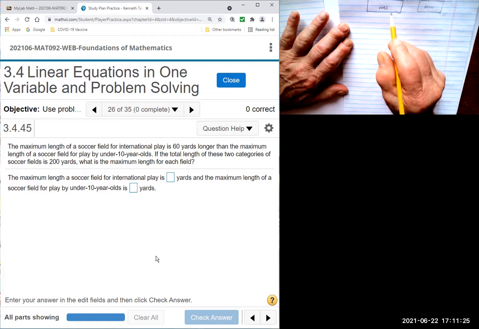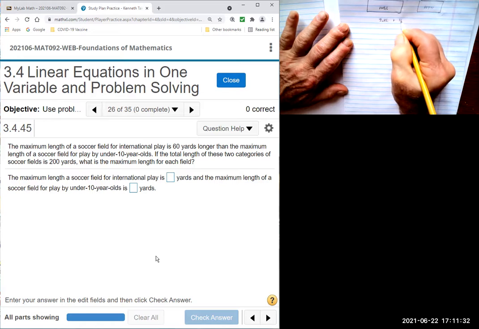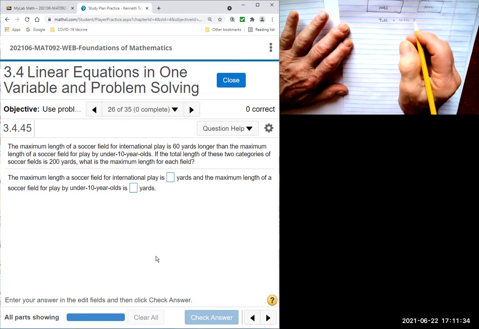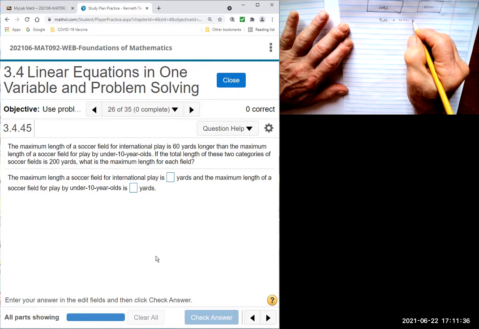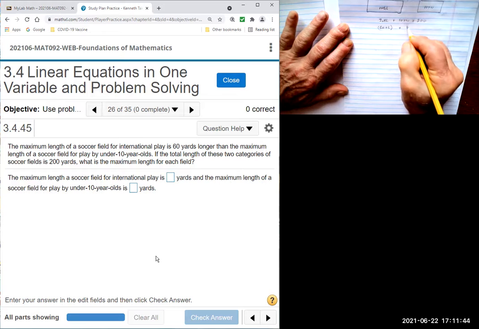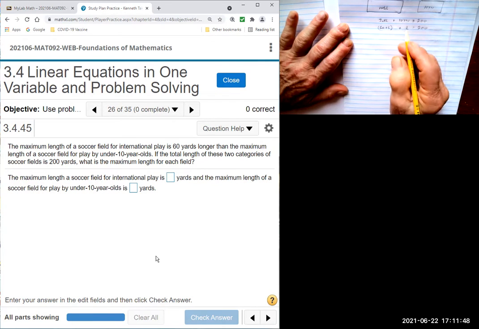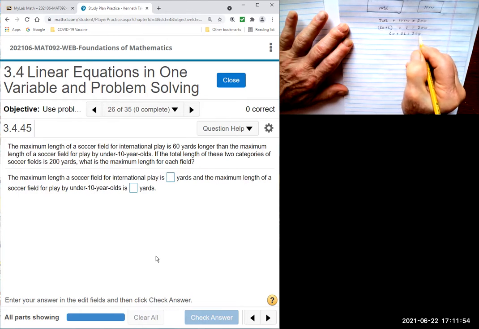The total length of these two categories, the international play plus the 10-year-olds, the length of each field adds up to be a total of 200 yards. So that means 60 plus L plus L is 200. Dropping the parentheses, combining like terms, we have 60 plus 2L is equal to 200.